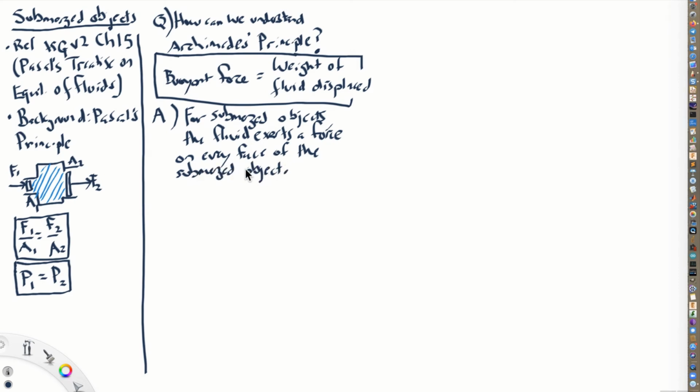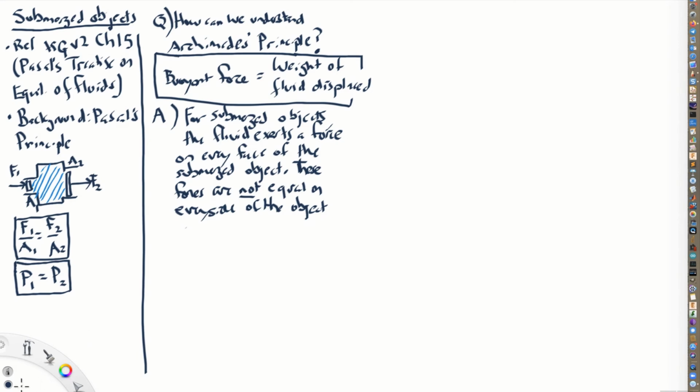These forces, moreover, are not equal on every side of the object. Okay, so what do I mean by that?